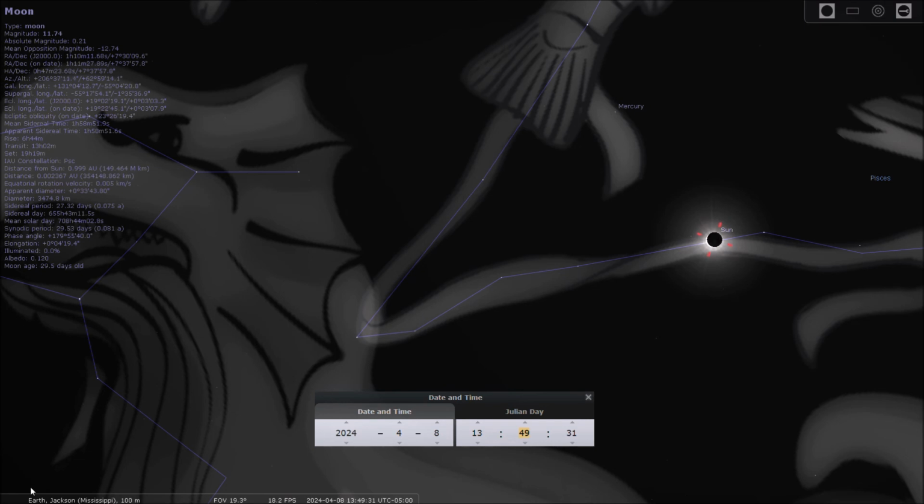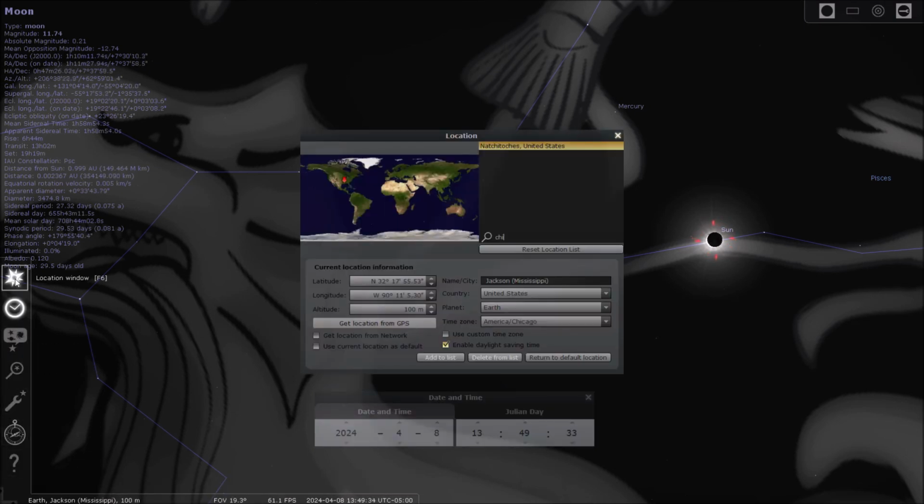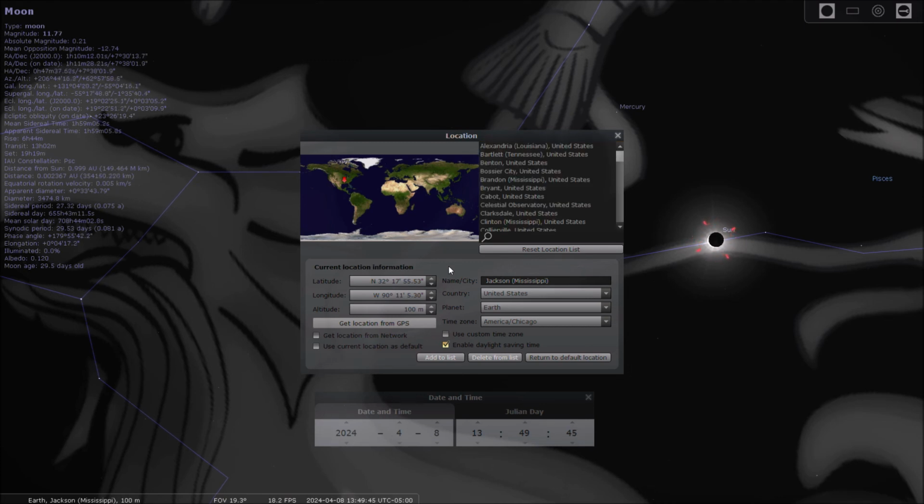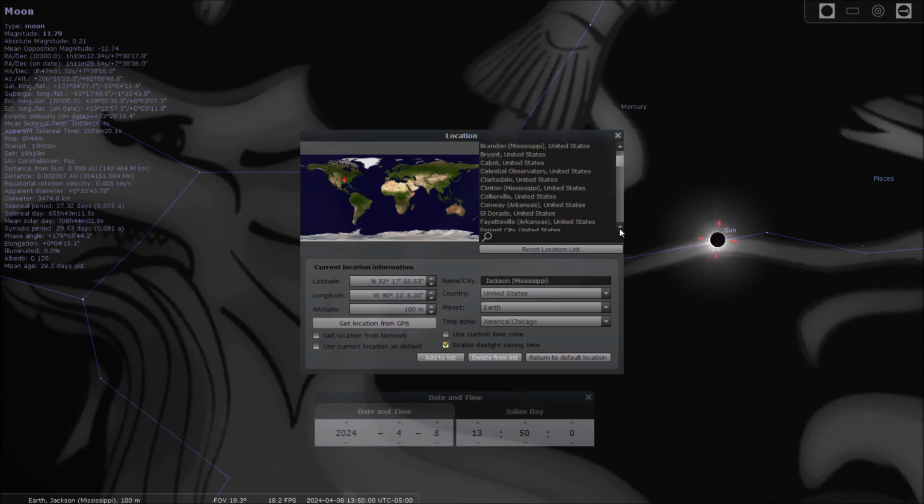I don't understand why the location is not letting me do it by state. Mississippi, Tennessee, Arkansas, Fort Smith.